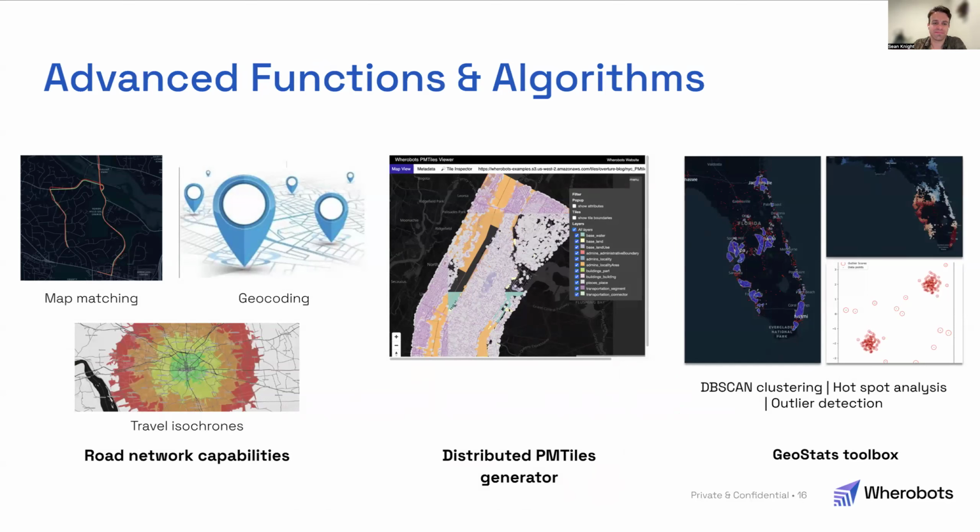Great question. I don't know. I feel like the one that has lots of really interesting use cases is the geostats toolbox. One of the things that we see, for example, you mentioned H3 earlier, Sean, a lot of people like to aggregate data up to H3 and look at things from a hotspot perspective visually.